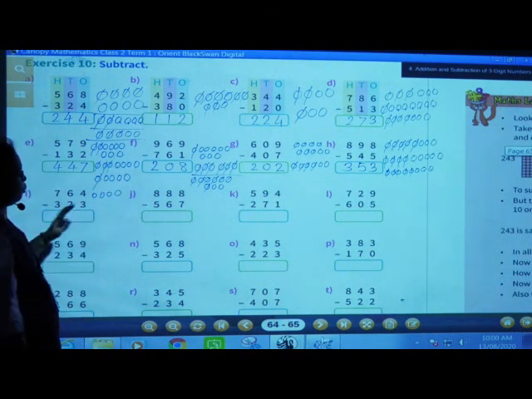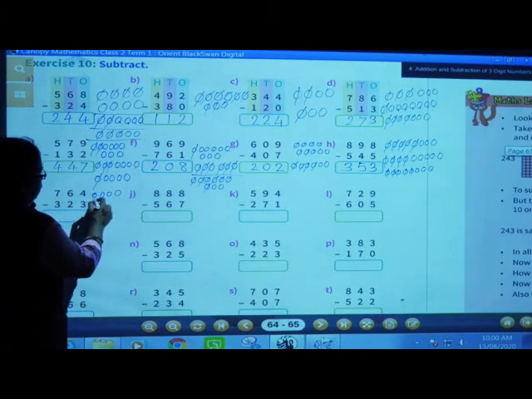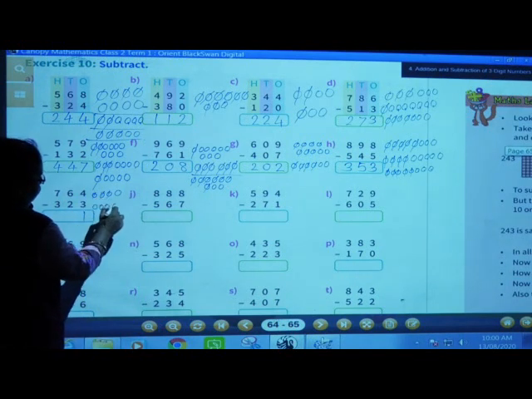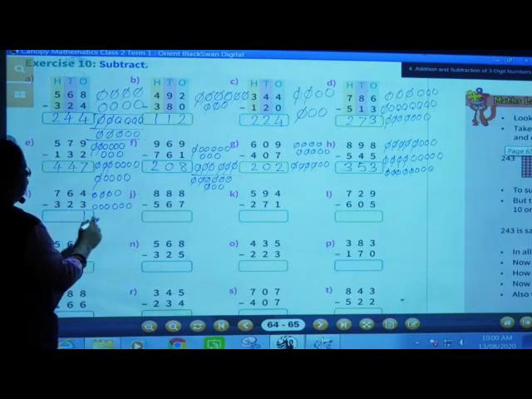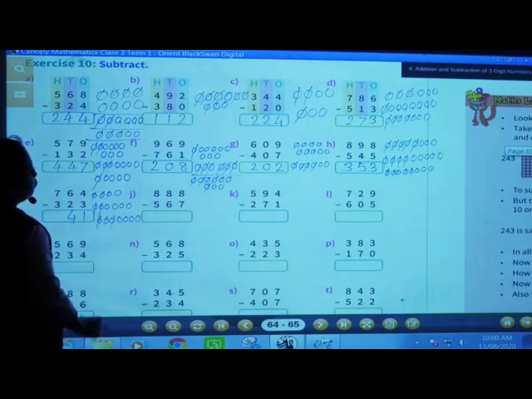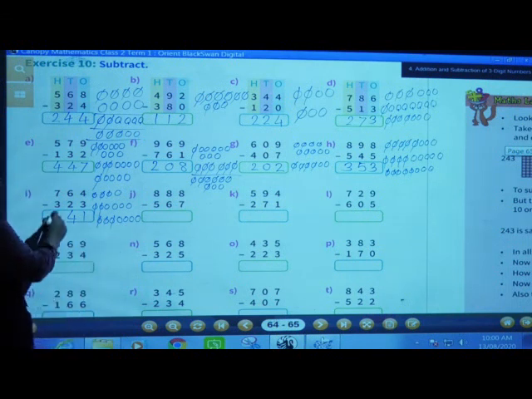From this you want to remove how much? 3. 1 remains. Then 6 minus 2. 1, 2, 3, 4, 5, 6. 4 remain. Then 7 minus 3. 1, 2, 3, 4, 5, 6, 7. 4 remain.